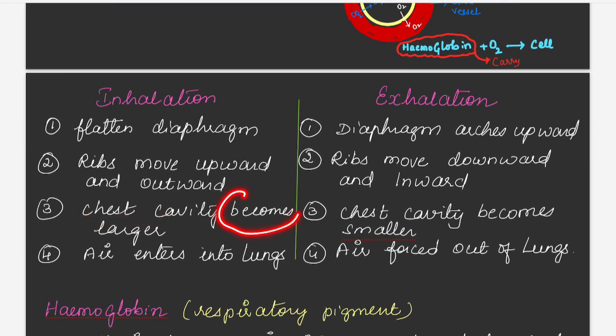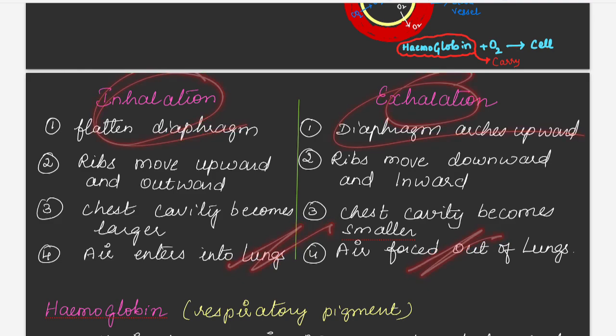So chest cavity becomes larger. When chest cavity is becoming larger, you can see air enters into the lungs. Whereas during exhalation, you can see chest cavity becomes smaller and then the air will be forced out of the lungs. So this is the difference between inhalation and exhalation.